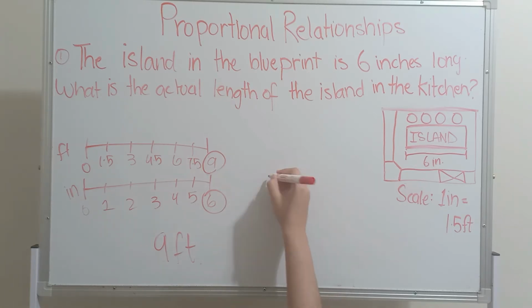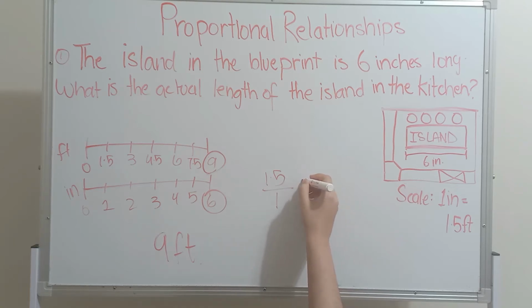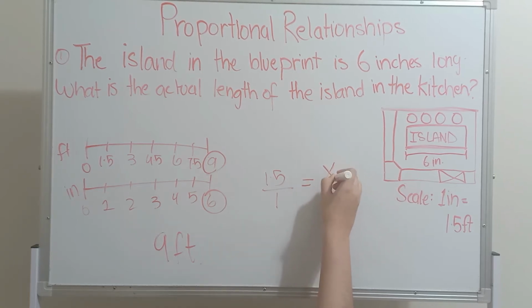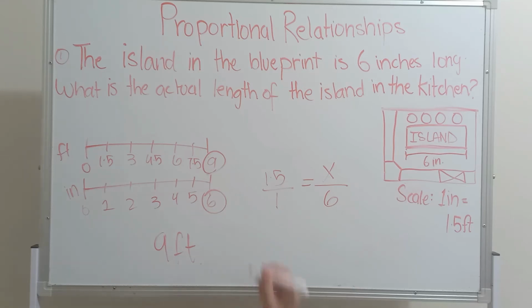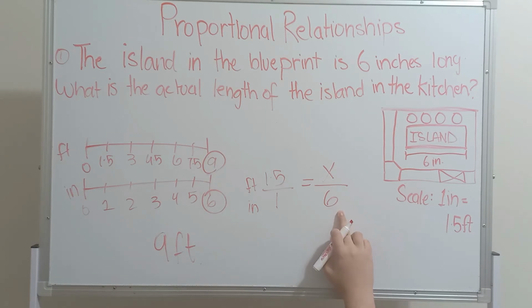Or we can use a proportion to find the actual length using the variable x. So we have 1.5 over 1, meaning 1.5 feet equals 1 inch, equals x over 6. We don't know what the actual length in feet is, but we know that the scale drawing is 6 inches. This is going to be the feet one, and this is the inches one.